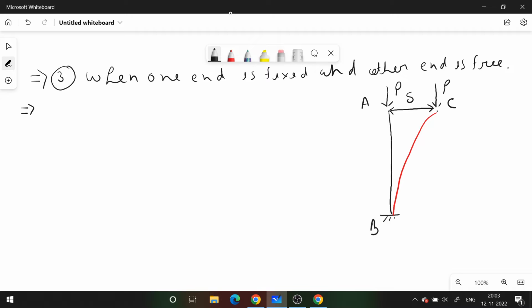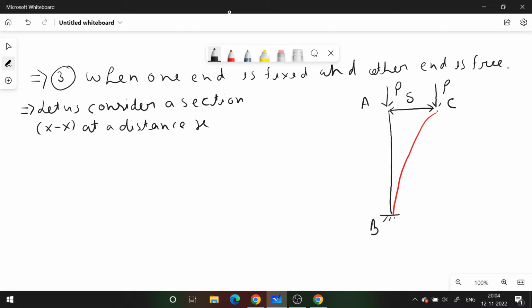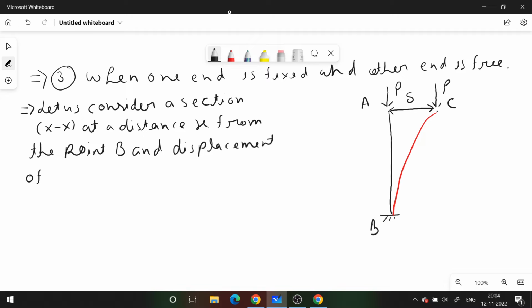Let us consider a section XX at a distance x from the point B, and the deflection or displacement of the section is y.